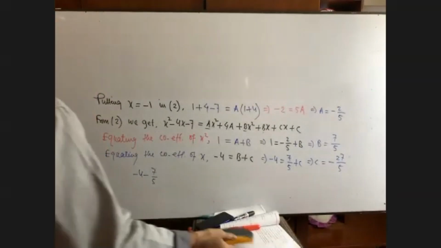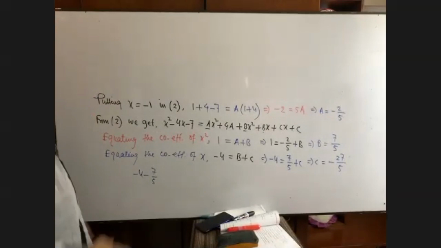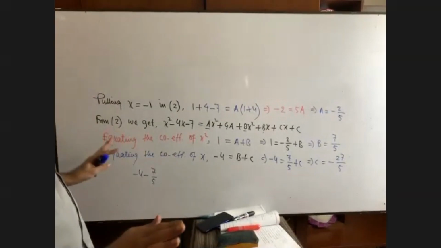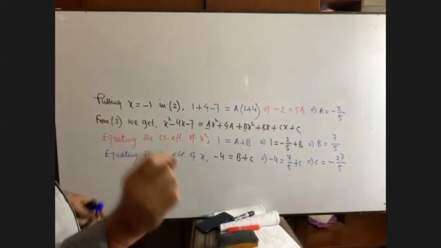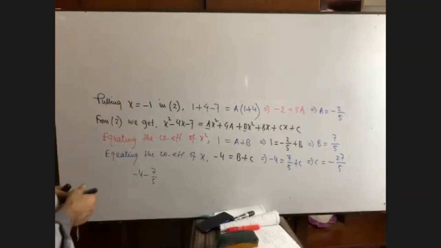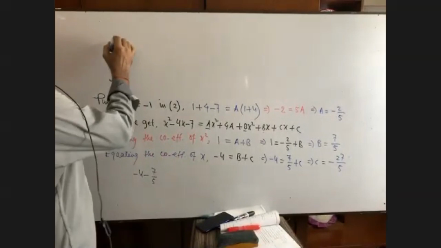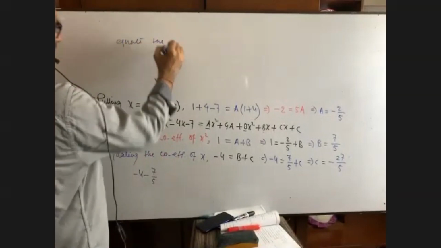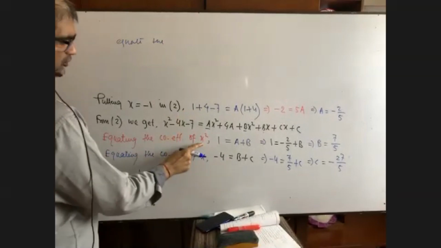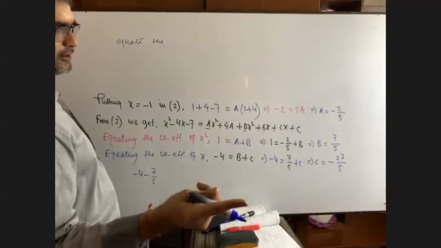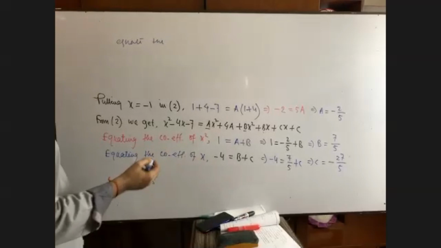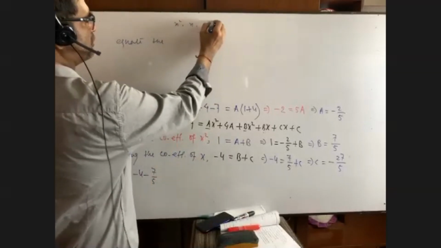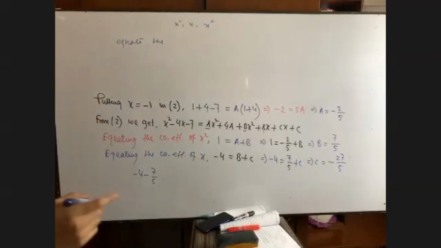Now I can show you a very interesting thing, though it is not part of the math. Just wait a little bit. Here x square, here x, what comes else? After x, it is the constant, x to the power 0, which means 1.